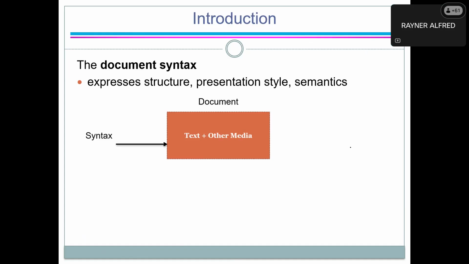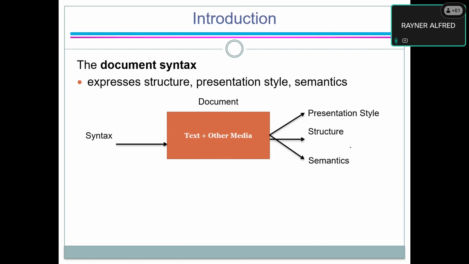Okay. So you must know what the syntax is, what the structure is, because the structure will give you the presentation style, the structure, and also the semantics. So these are the 3 things that will be extracted from the syntax.